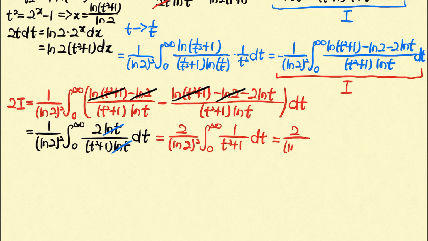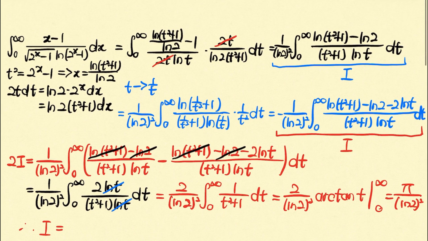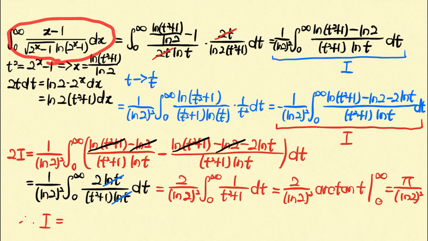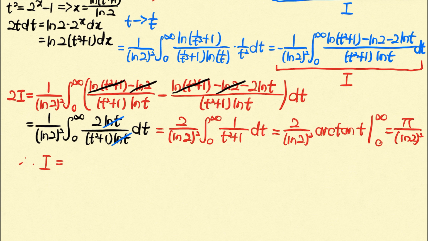The antiderivative is the arctan of t evaluated from 0 to infinity, my bad, and this is just pi over natural log of 2, the whole thing squared, which is 2I. This means that I, which is our integral, is the same thing as pi over 2 times natural log of 2, the whole thing squared.